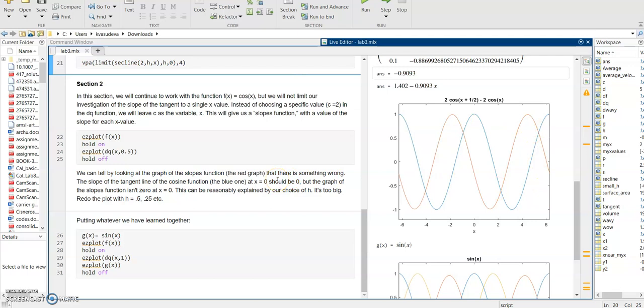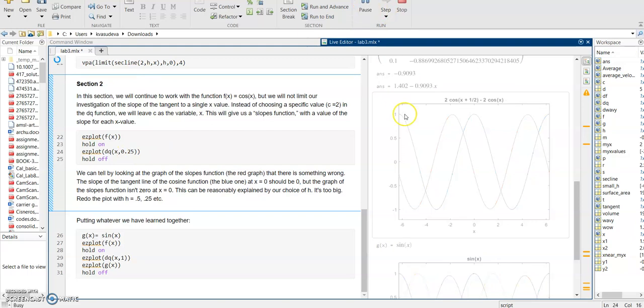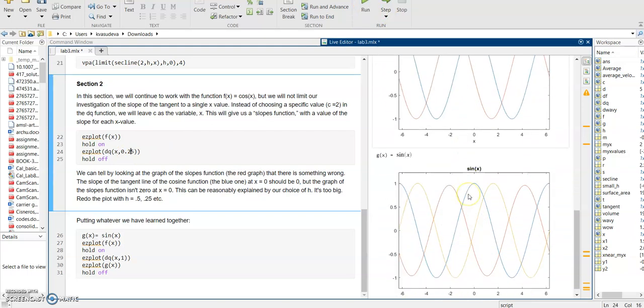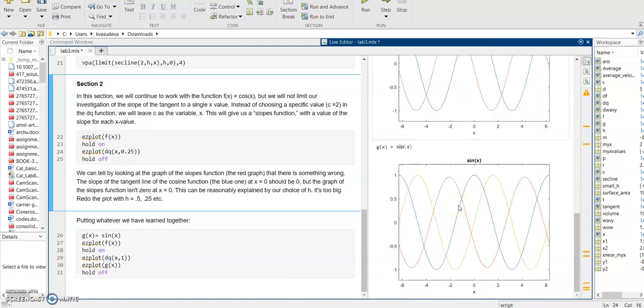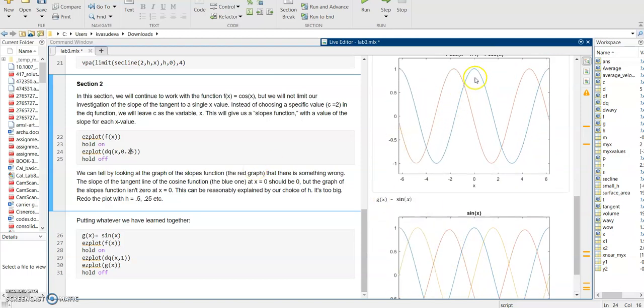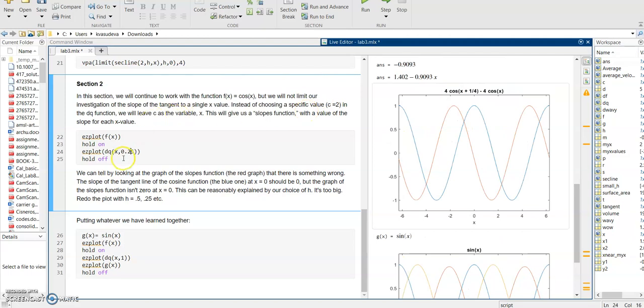Try to do the same thing by varying your h values, such as 0.5 and 0.25, and see. Your slope should match the cosine function. If you have 0.025, you will see the slope matching the function.